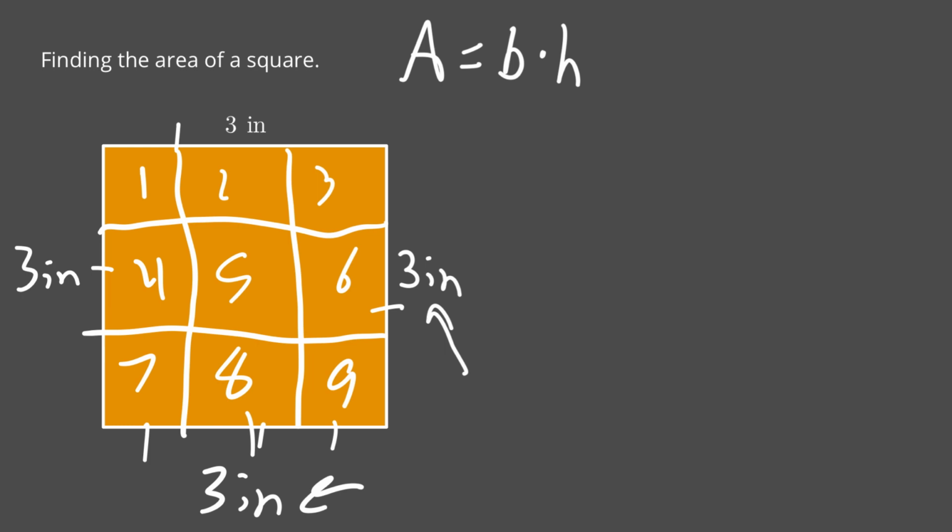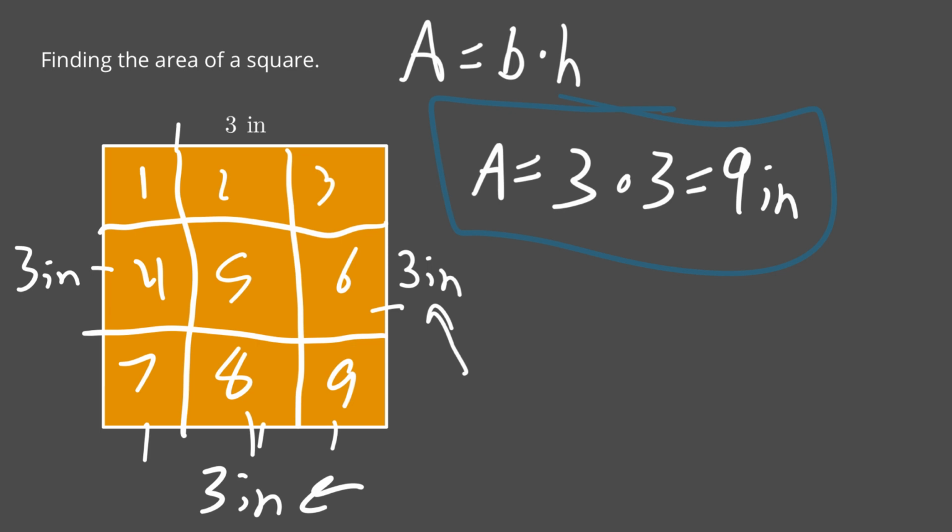And if we plug this into our formula, we have area equals our base of 3 inches times our height of 3 inches, and 3 times 3 is 9 inches. So you can see here that our formula matches what we're actually seeing in the shape itself.